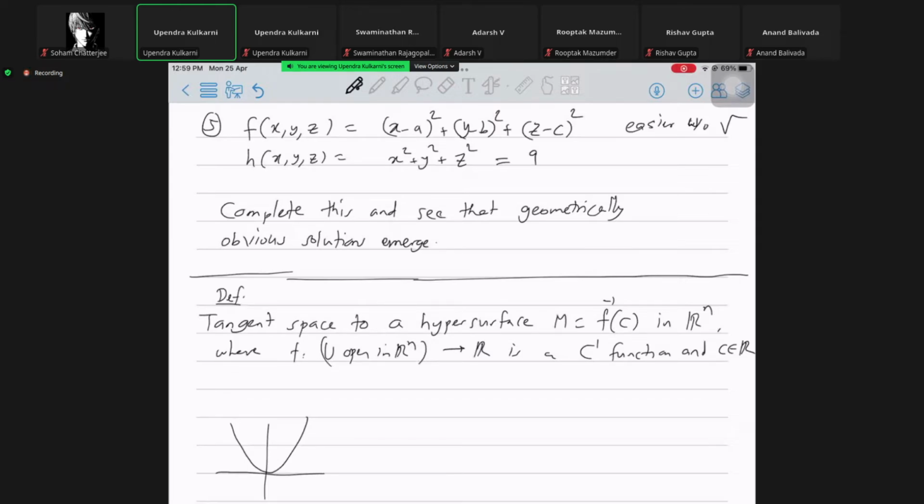So here's an example. In this case, n is equal to 2. What is the function f? F of x, y is equal to x minus y square, or rather y minus x square, the way I have drawn it. And I'm taking this, and M is equal to F inverse of 0.